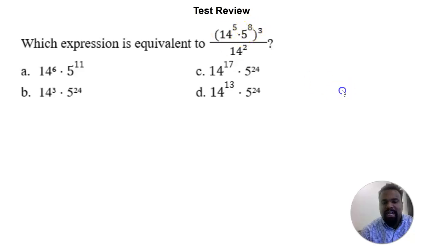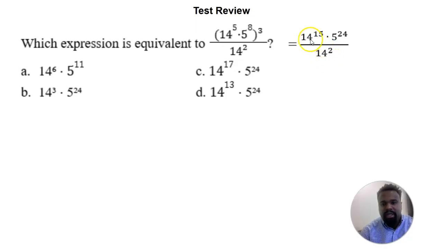So this is the same thing as saying 14 to the 5 times 3 power, which is 14 to the 15th power. And then 5 to the 8 times 3 power, which is going to be 5 to the 24th power, over 14 to the 2nd power.